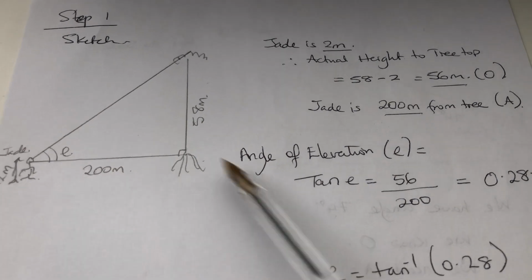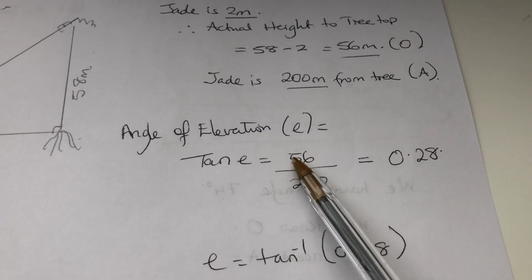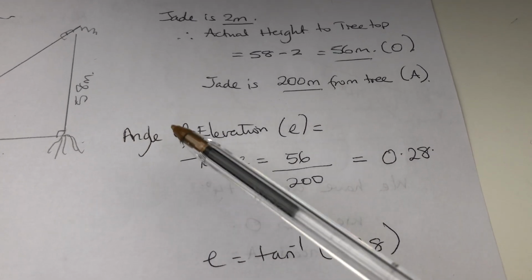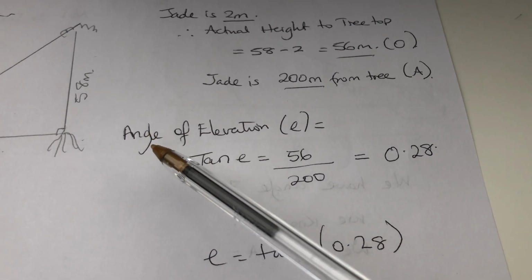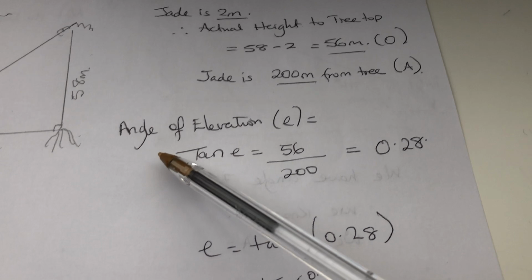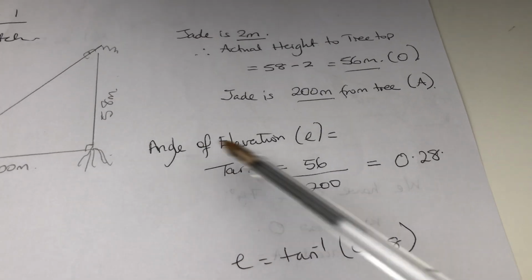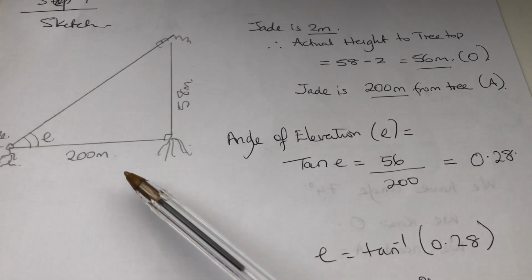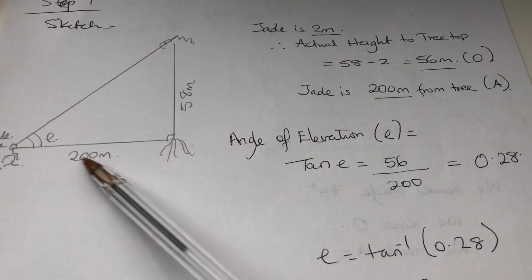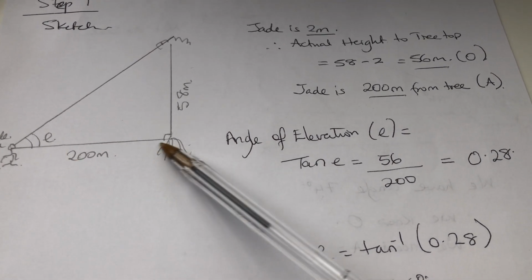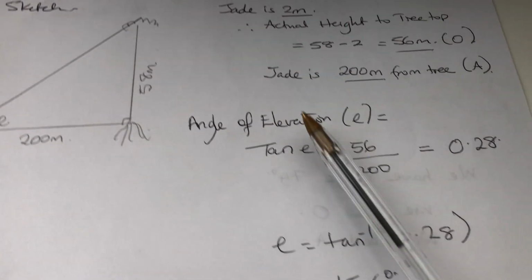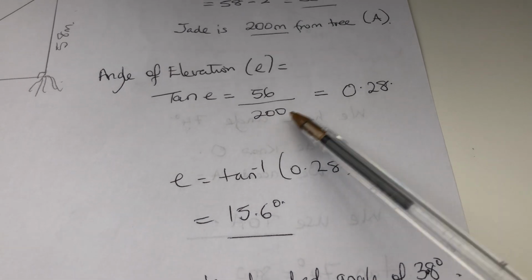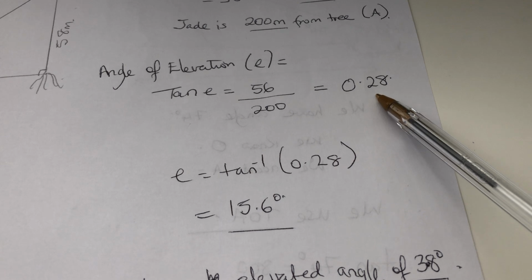The opposite side is now 56, because the elevation starts from Jade's eye, not from her feet. So we have tan E, the elevation, equals 56 divided by 200, Jade's distance from the foot of the tree. 56 divided by 200 gives us 0.28.